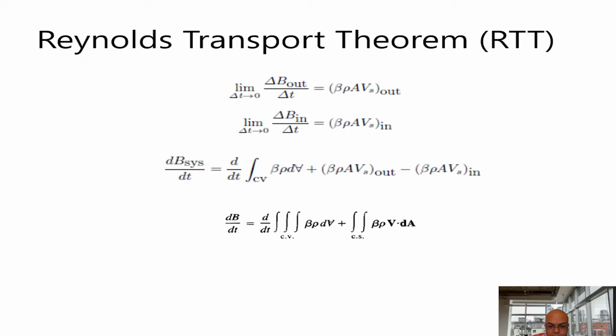The first term defines the rate of change of the extensive property within the control volume, and the last term, the surface integral of beta rho v dA, defines the net rate of inflow into the control volume.